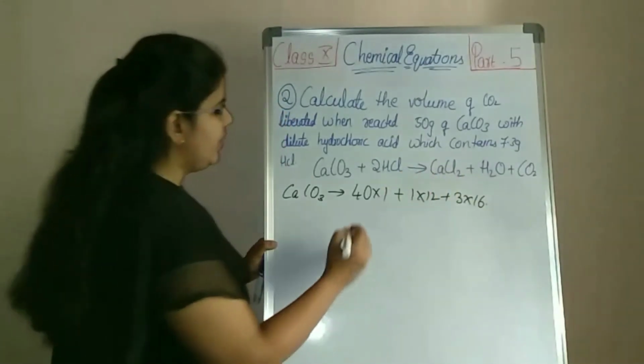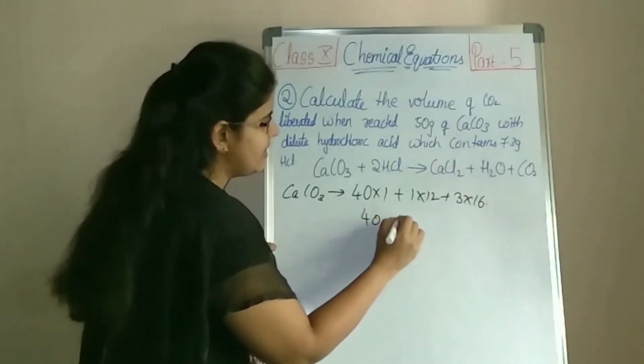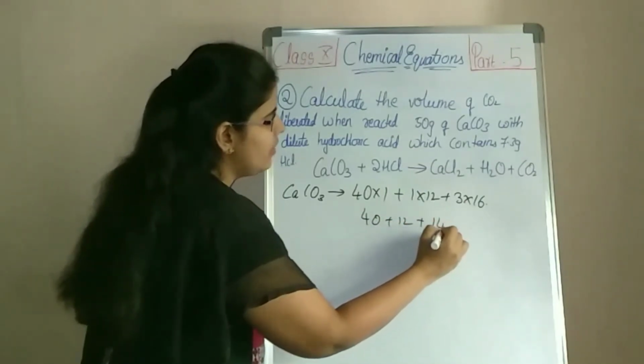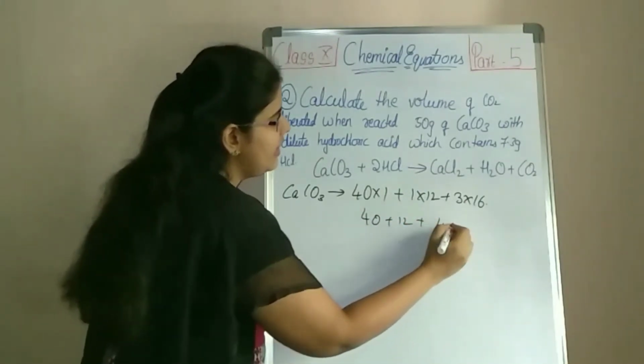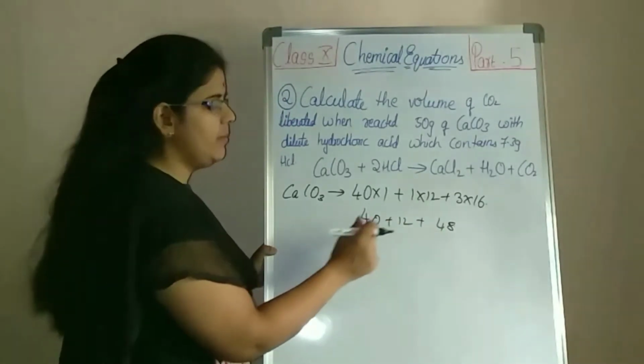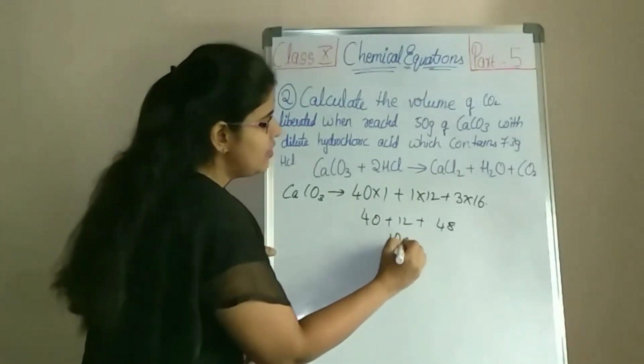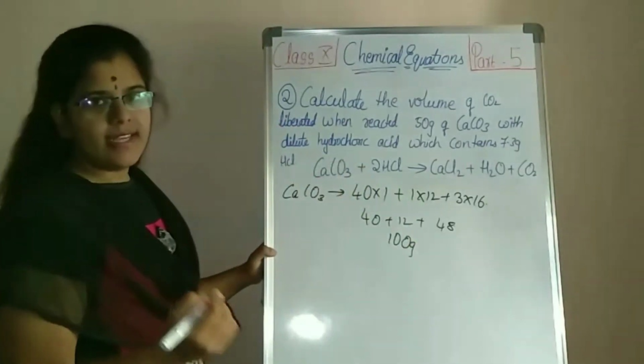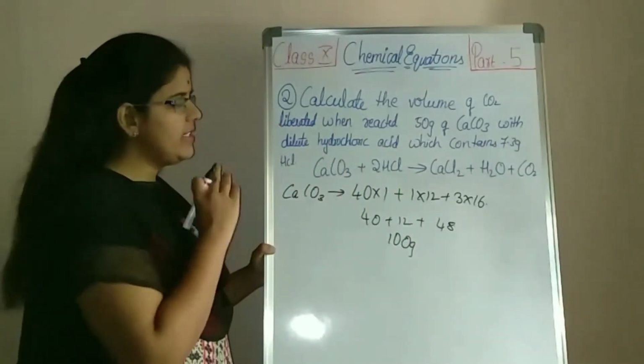So how much will it be? 40 plus 12 plus 48. 48 plus 12 is 60, 60 plus 40 is 100. So we got 100 grams of calcium carbonate reacting.